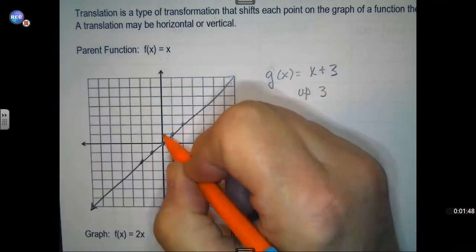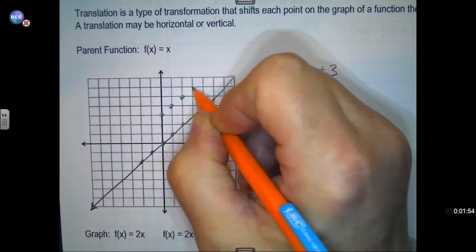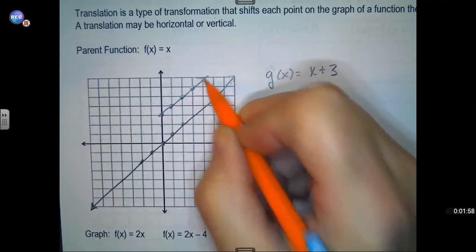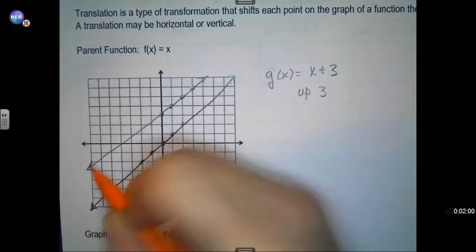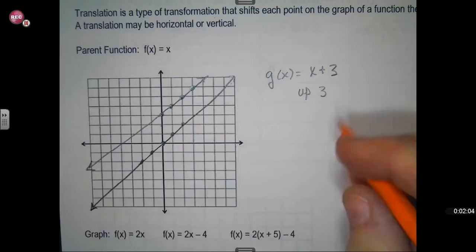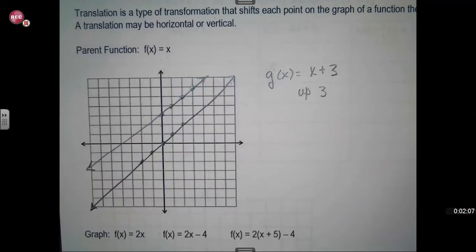So I go up 1, 2, 3, and I'll have these points. And that's a translation of the graph, a transformation. And there are millions of ways we can move these lines.